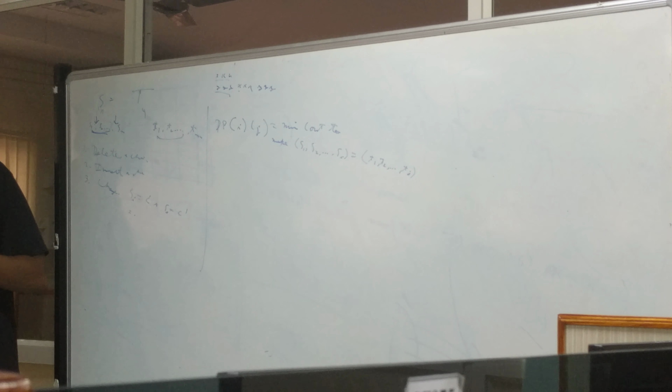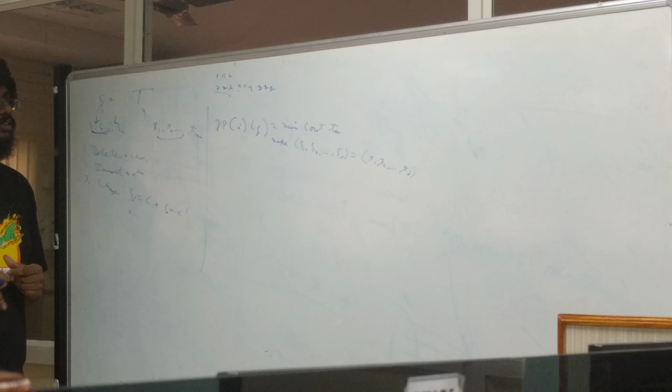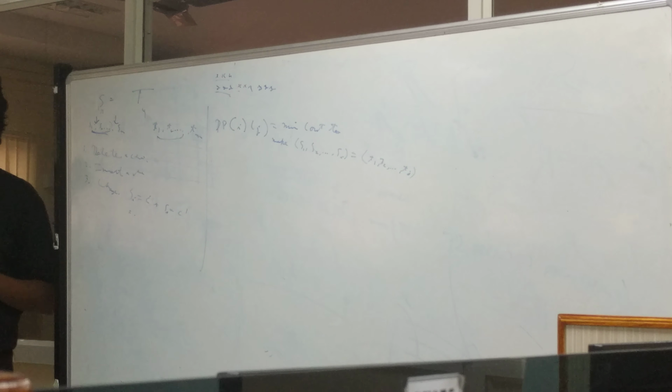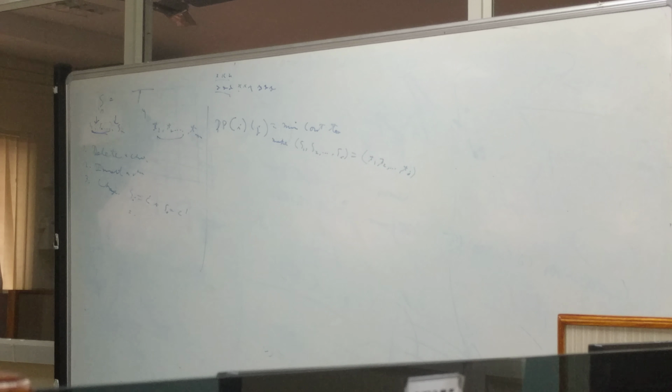So how do you compute dp[i][j]? Again, going by the intuition which we had, in dp[i][j], the last operation will try to make the last characters equal in some sense. So we focus on that.